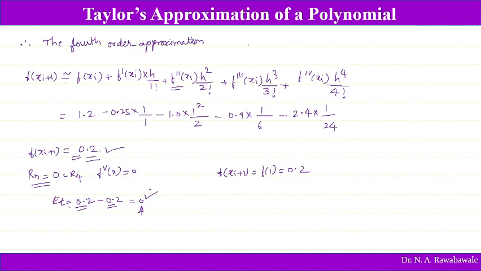So this is how we use Taylor's approximation polynomial for finding approximate values of function in the interval. If we know the value of function at xi, and to find out function value at xi plus 1, we can use Taylor series, and using Taylor series the approximate value of f of xi plus 1 can be determined. So today we stop here.